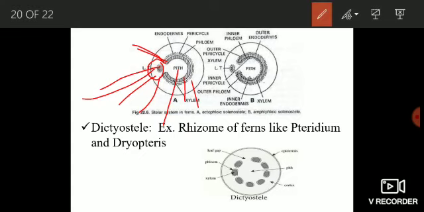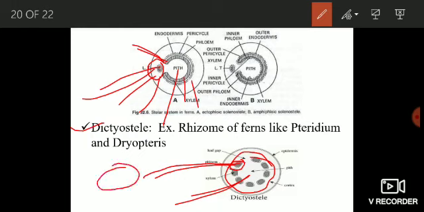Then one more type is dictyostele. Dictyostele is the type of siphonostele in which you have a series of strands, and the individual strand is known as meristele. First of all you have the pith, and then you have a series of vascular strands, and in each strand you have both xylem and phloem.